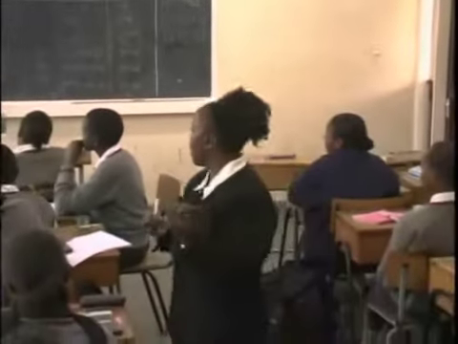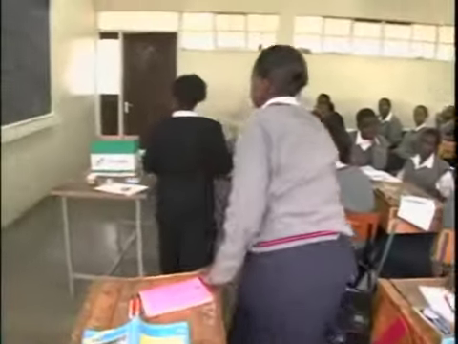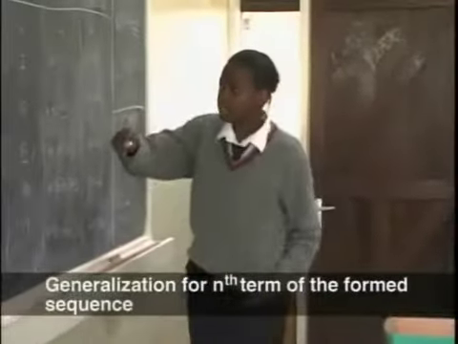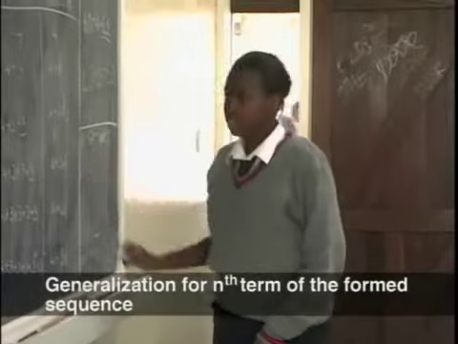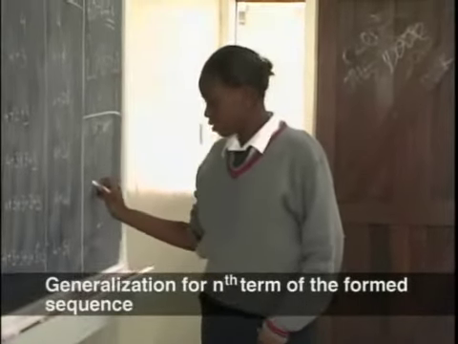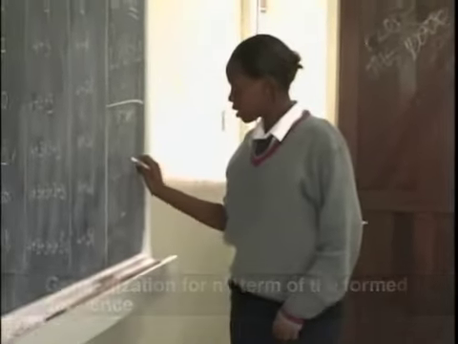Number of matchsticks used to make n squares. The same way we did in the previous ones, we have n minus 1, then 4 plus n minus 1 times d.